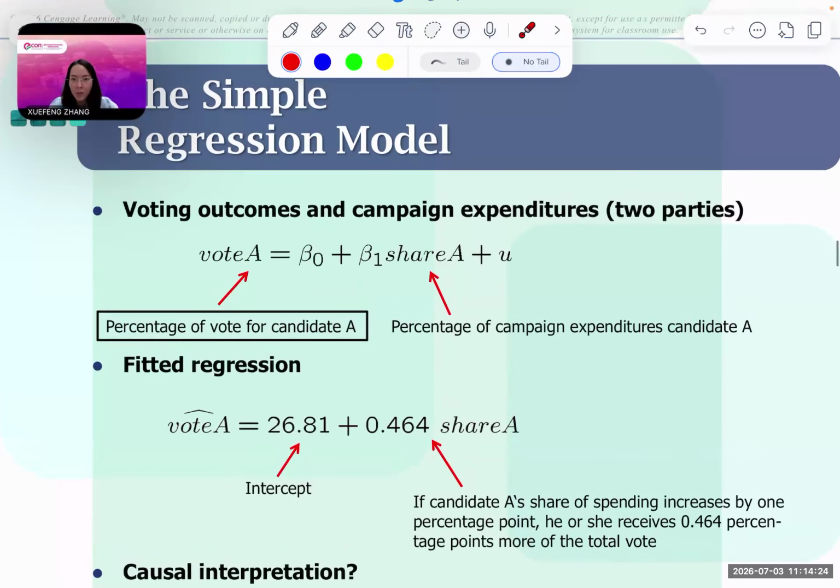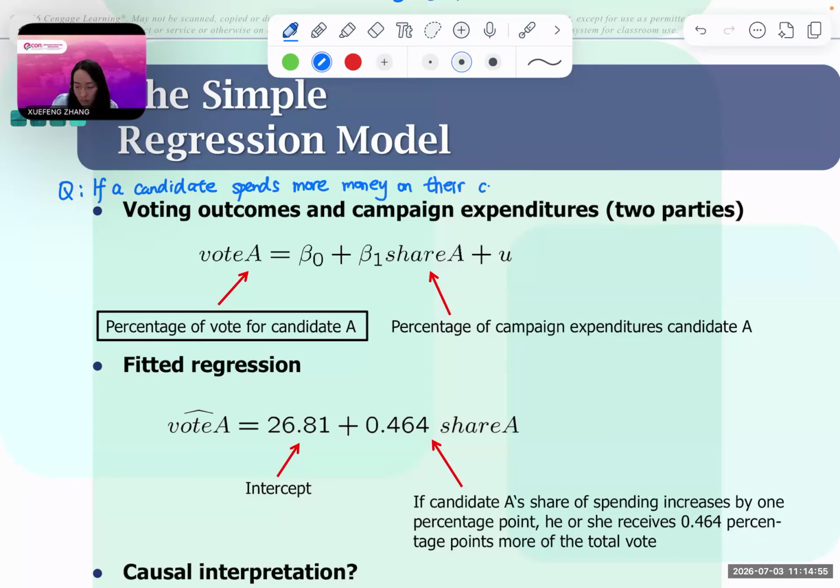So the question might be, if a candidate spends more money on their campaign, do they get more votes?